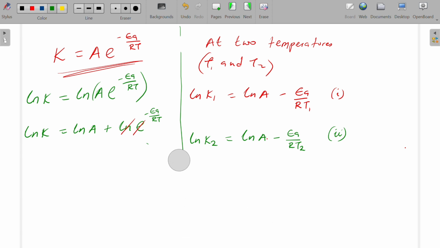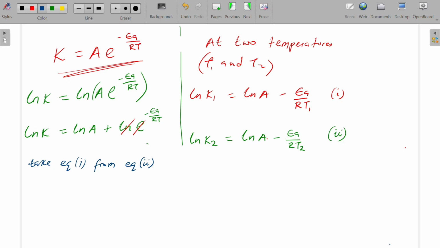Now we're going to take equation 1 from equation number 2, meaning we're subtracting equation number 1 from equation number 2.